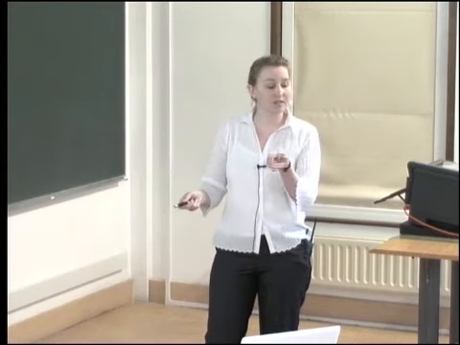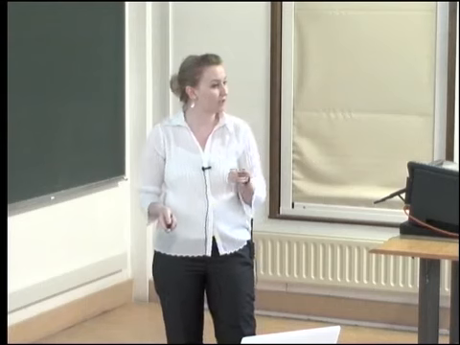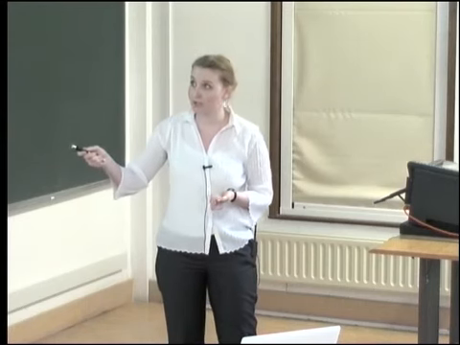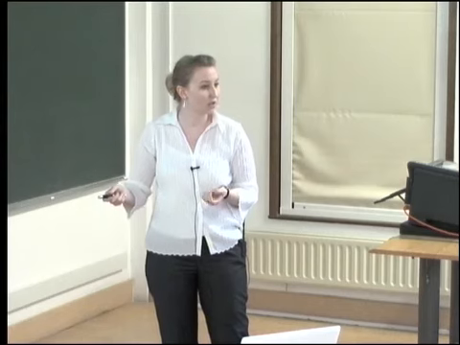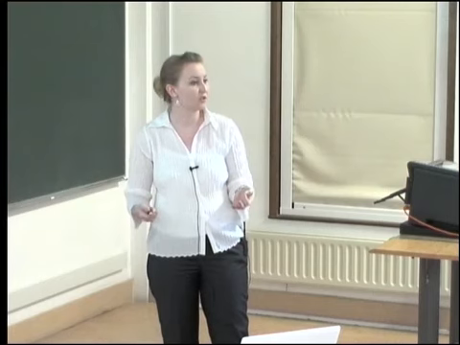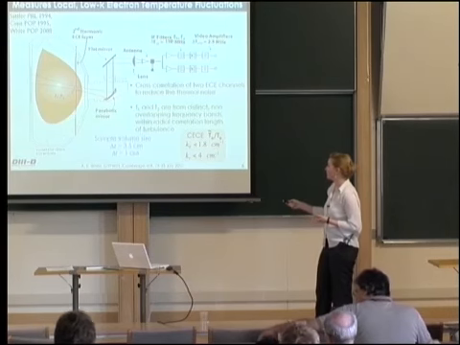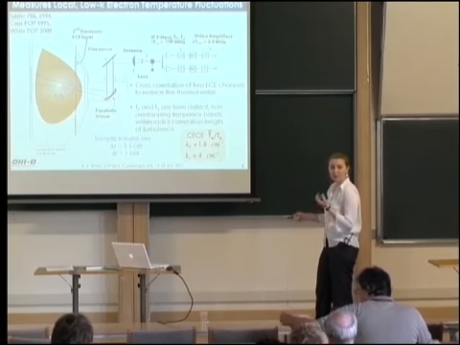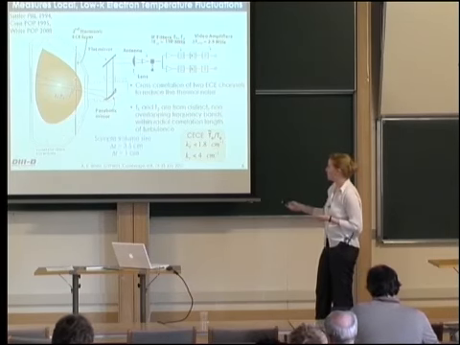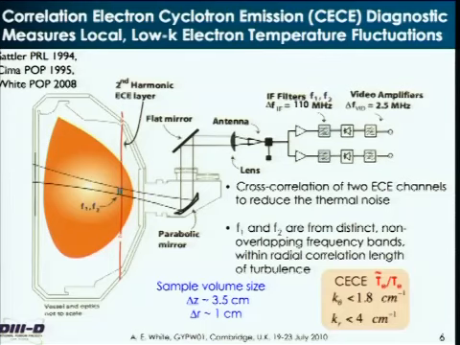As long as these are separated by less than the radial correlation length of the turbulence, when we correlate the signals from these two sample volumes, we get information about the cross-power spectrum and amplitude of the electron temperature fluctuations. The sample volume size for this system is about 3.5 centimeters vertically, and radially it's set by the emission width of the layer, about 1 centimeter. That places the CECE looking at the longest wavelength fluctuations in the plasma, associated with ITG and very long wavelength TEM.